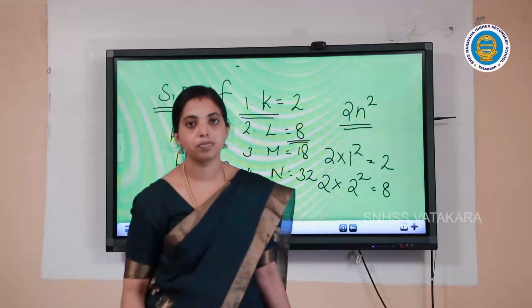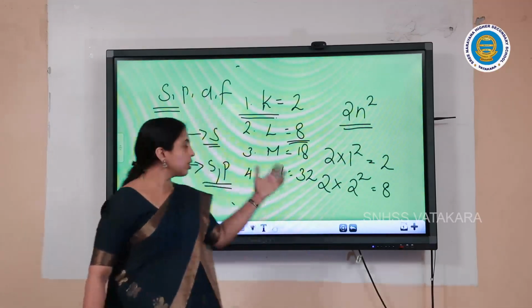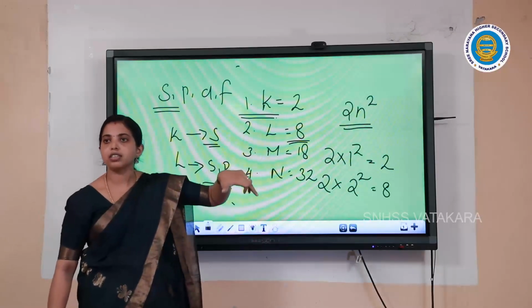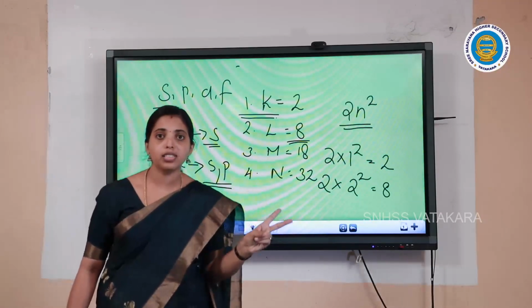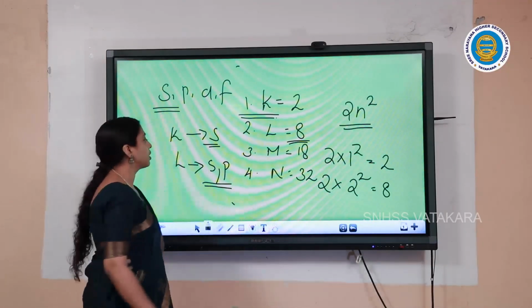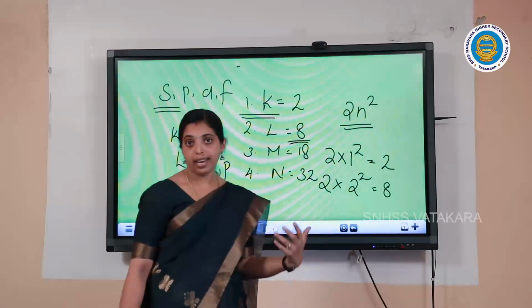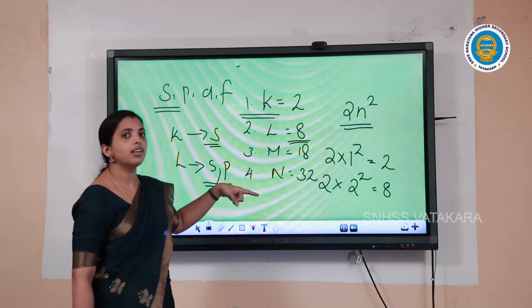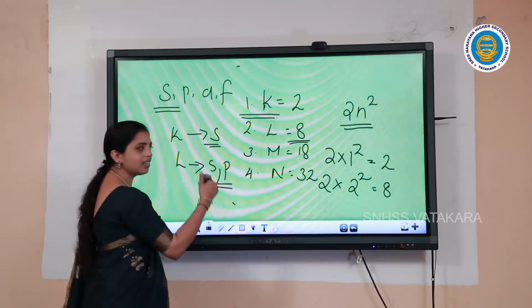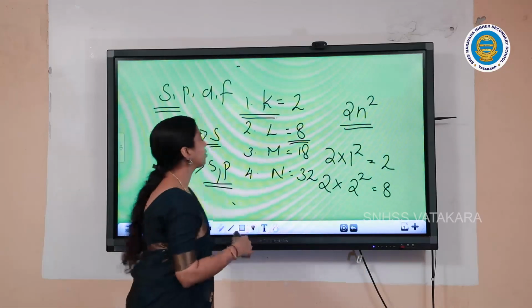How many electrons can S subshell accommodate? 2, maximum 2 electrons. Then how many more electrons? S 2, then P balance how many? 6. Very good.